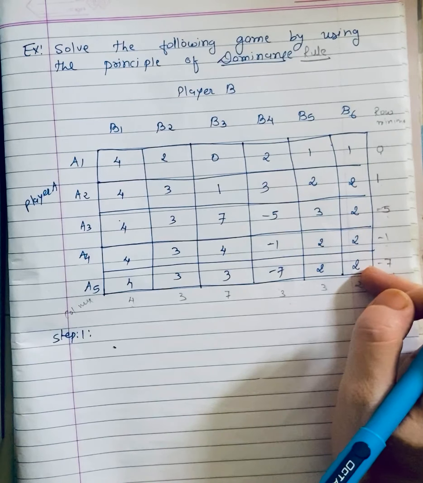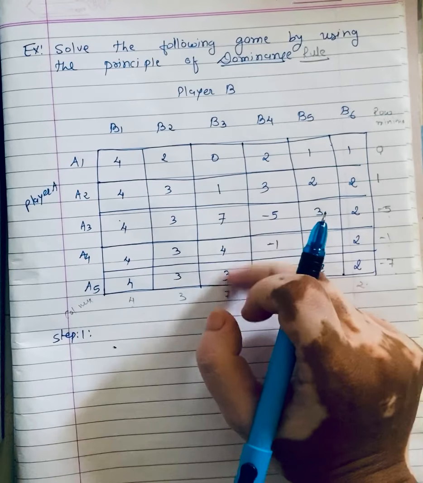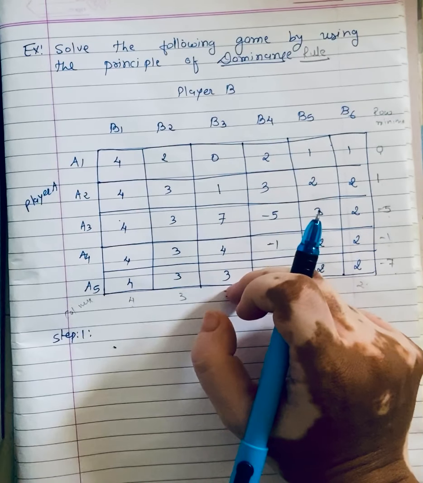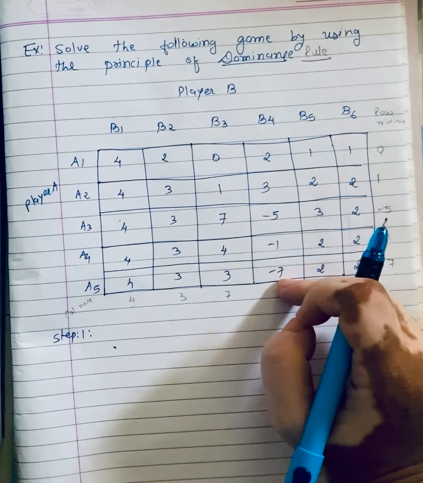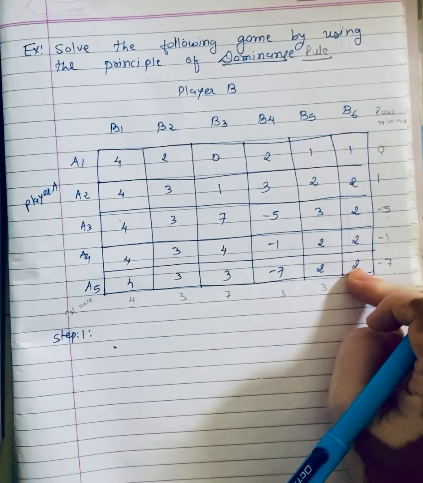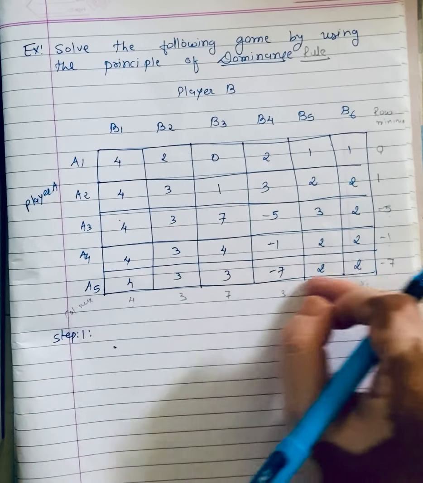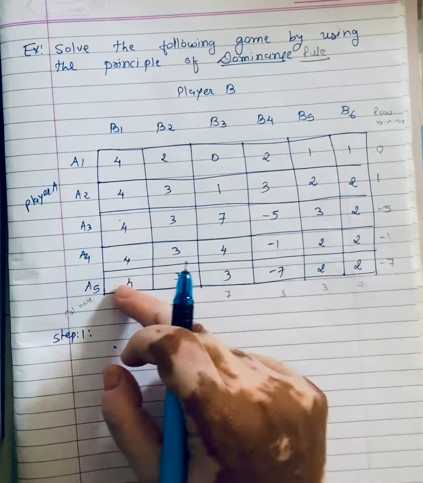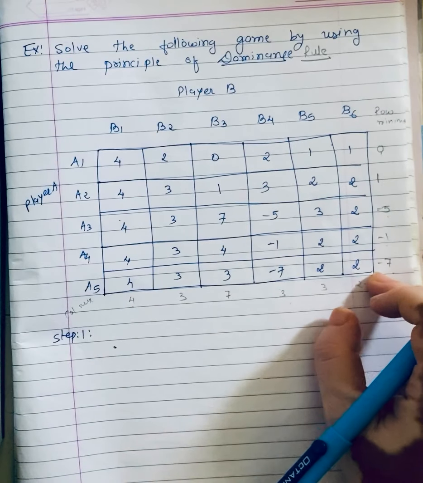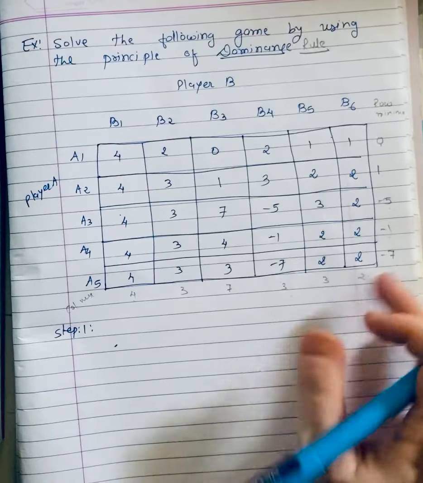Check row 5 and row 3. 4 and 4 are equal, 3 and 3 are equal, 7 and 3. So A5 is less in each case. Row 5 is dominated by row 3, so row 5 will be eliminated. So we eliminate two rows, first A1 and second A5.